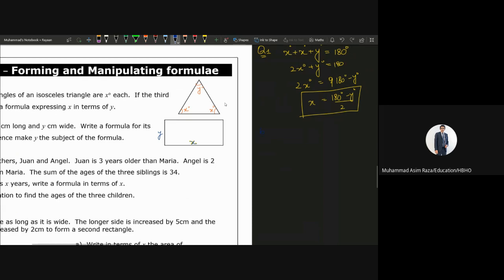So you know that its perimeter is now being represented with p. We say that p is equal to y. You know that this is y as well and this is x as well. y plus x plus y plus x. So that we can have p is equal to 2x plus 2y.